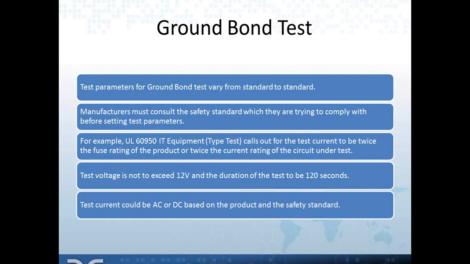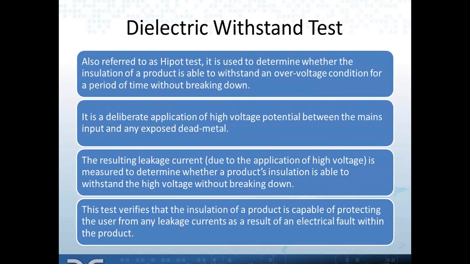Okay, so next we're going to jump into the dielectric withstand test, which is also referred to as the high-pot test. This is one of the most common electrical safety tests, and it is usually performed by the product manufacturers.